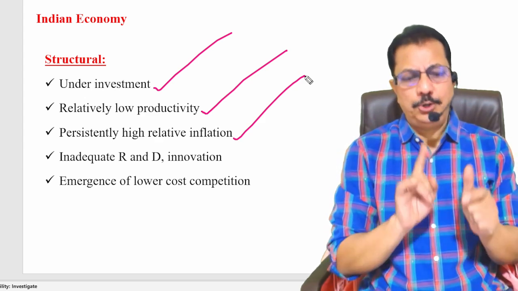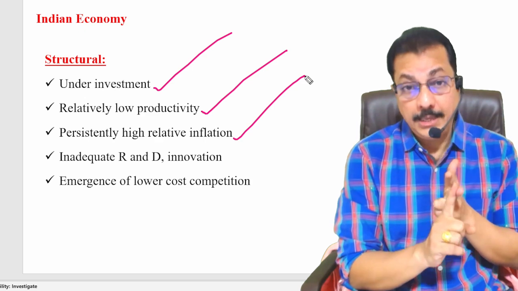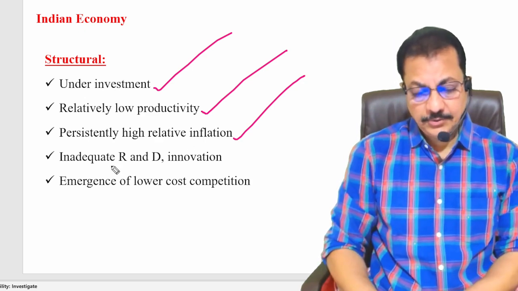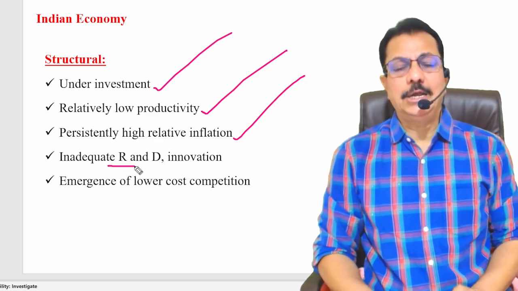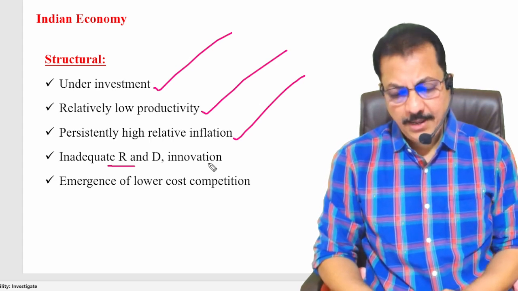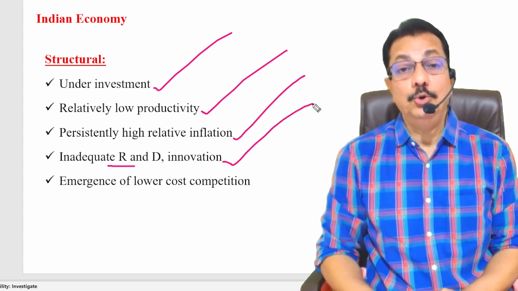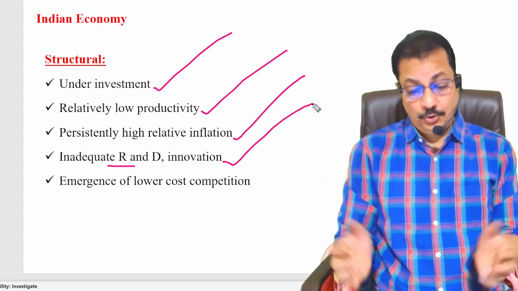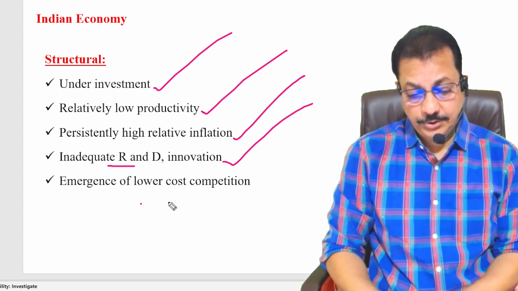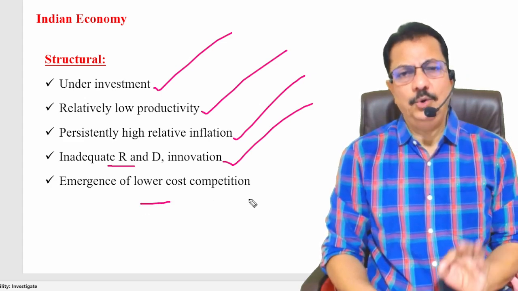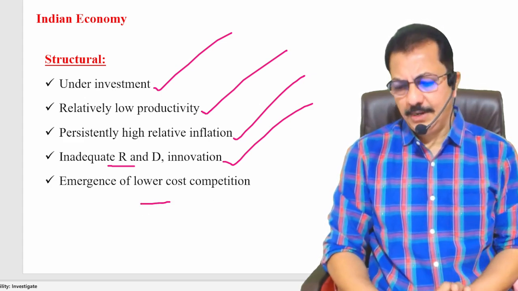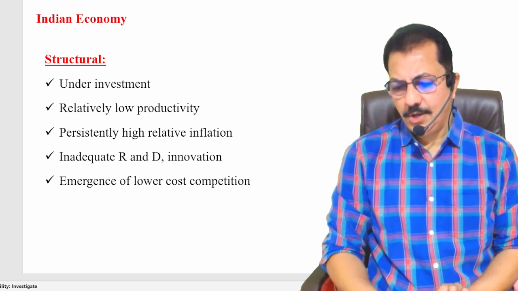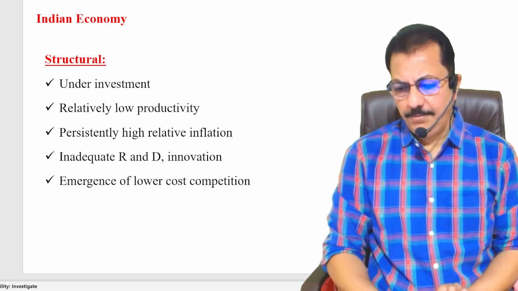Low investment, low productivity will lead to higher inflation, right? Then that will lead to inadequate research and development, and also inadequate innovation. Where is the chance to grow? And that will also lead to the emergence of lower cost competition. Clear? And that is also not good for any economy.